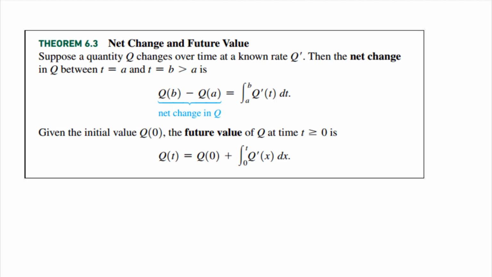They're all the same thing. Our net change is, if you can tell us what the known rate of change is, and you can find the antiderivative over a time interval, we're just using the Fundamental Theorem of Calculus Part 2 to find out that net change. Also, to find a future value, as long as we know the initial value at the beginning, we can just add it to the integral from 0 up to any time t of its rate of change function.